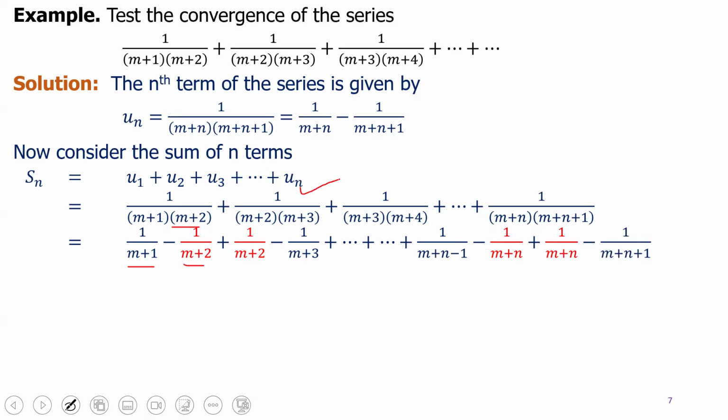Similarly, 1 upon (m+2)(m+3) can be written as 1 upon (m+2) minus 1 upon (m+3), and so on.